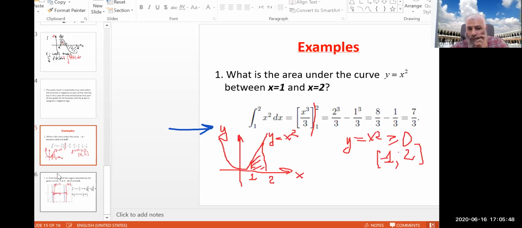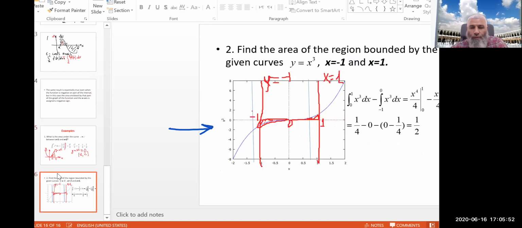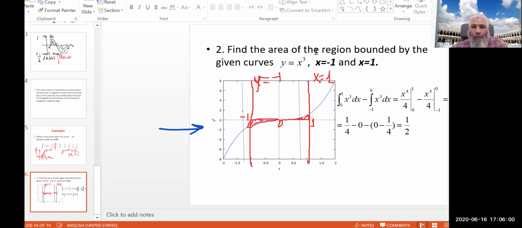Like here. Find the area of the region bounded by the given curves. y equals x power 3, from x equals -1 to 1.